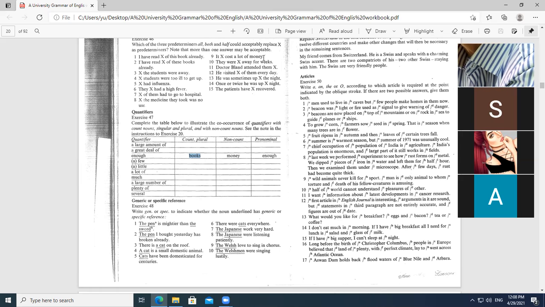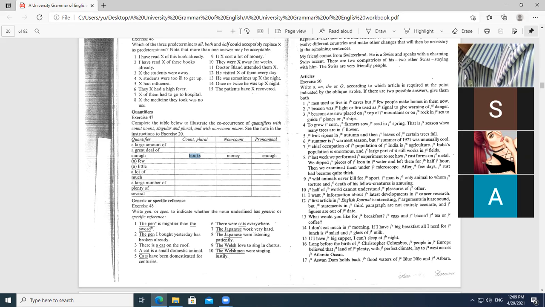To grow corn, zero article. Farmers sow seed, or the seed. In spring, zero article.